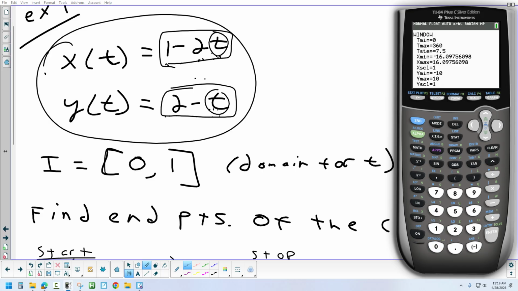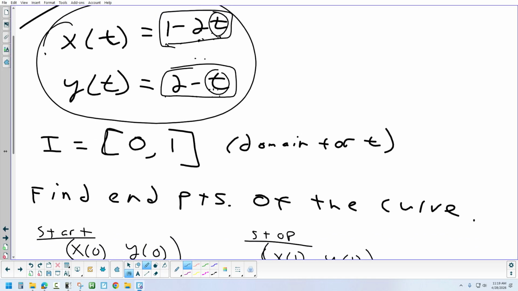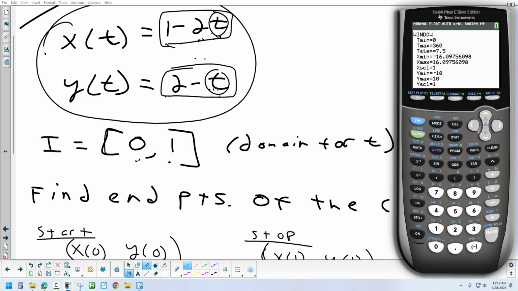So t min max is the domain for t, the low value and the high value. So we need to put those 2 numbers in: t min, and the highest value you can use for t is t max. For now, just put the t step at 0.05. What is the t step? I'm going to explain that in a little bit.